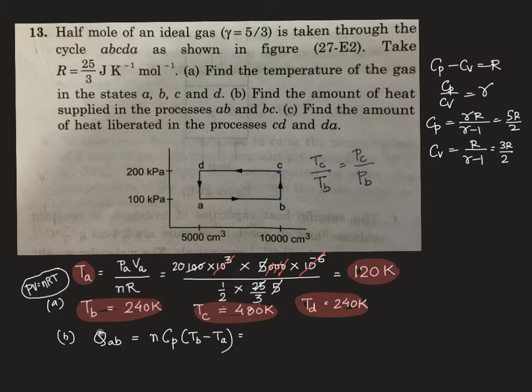So you can substitute Cp directly as 5R by 2. Number of moles is half, multiplied by 5R by 2, multiplied by 240 minus 120. That becomes 1 by 4 into 5 into R, which is 25 by 3, into 120.